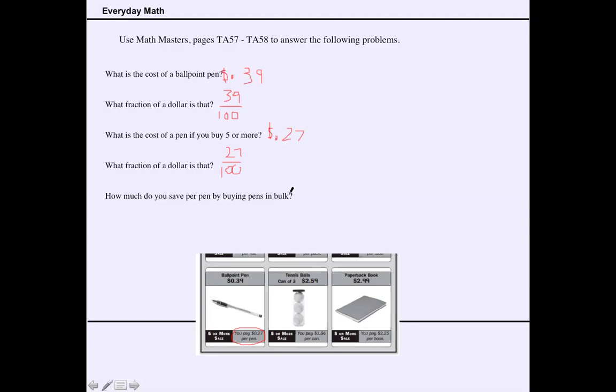So I'm going to just simply subtract my fractions. I'm going to take my 39 hundredths, which is 1 pen, minus my 27 hundredths, which is my bulk price if I buy 5 or more.